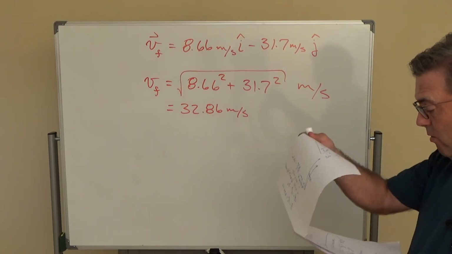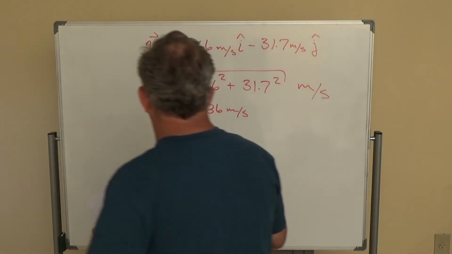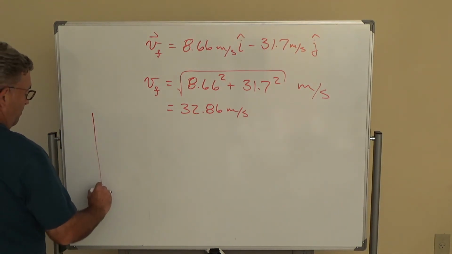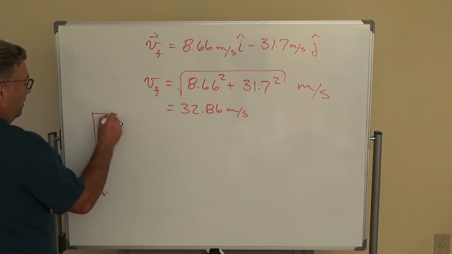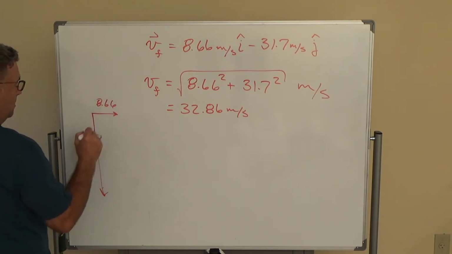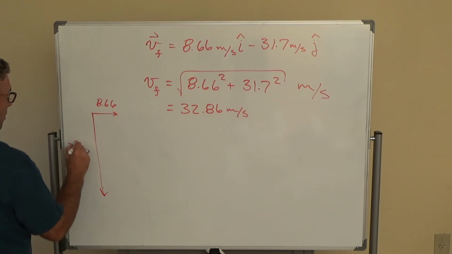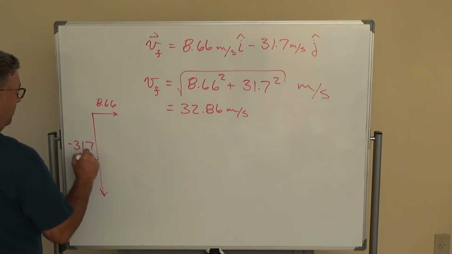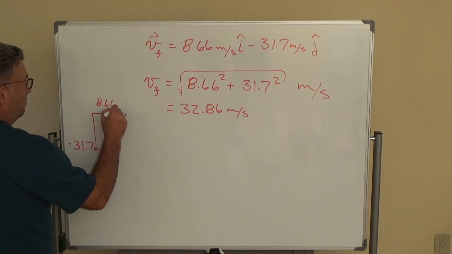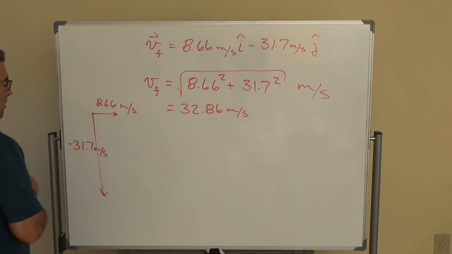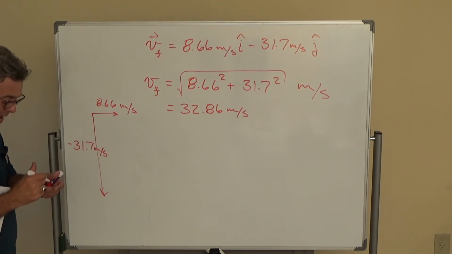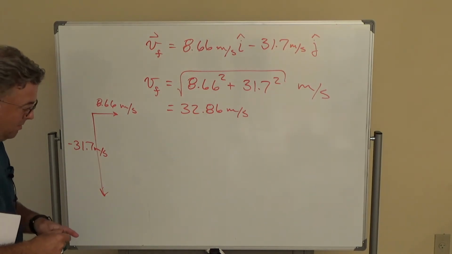What about the angle? Well, I'm going to draw this. For the angle, you've got a big negative component and a small x component. This is 8.66, and this is negative 31.7. And these are meters per second, okay? All right. So I'm going to find the angle. Here I go on my method.